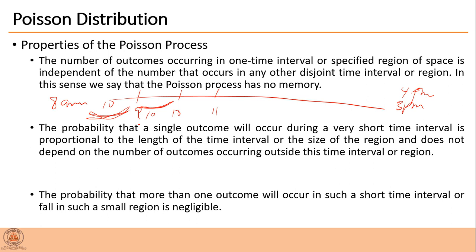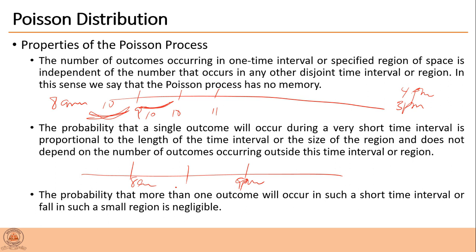The second one is that the probability that a single outcome will occur during a very short time interval is proportional to the length of the time interval or the size of the region. Let's go back to the same example again, 8 a.m. to 9 a.m. This is big enough for a lot of people to come in. What if we decided that we are looking at it in minutes?